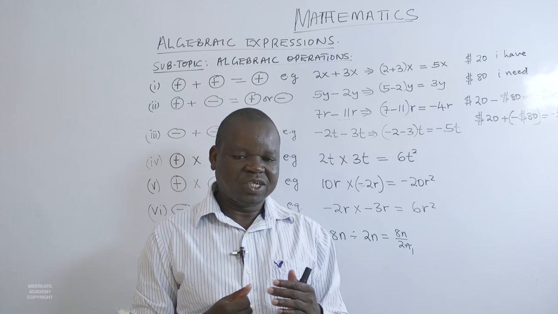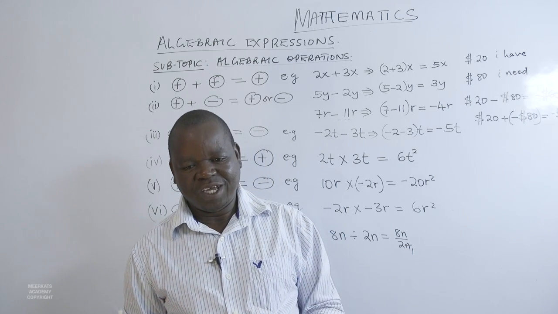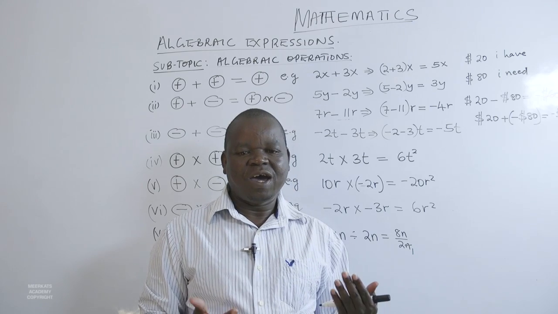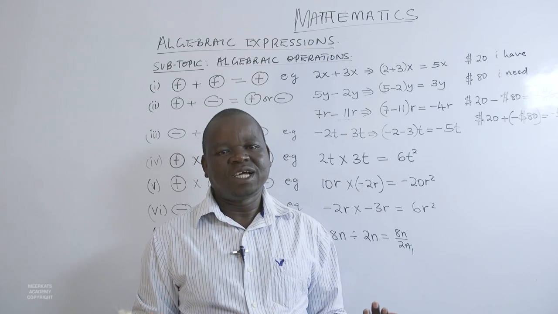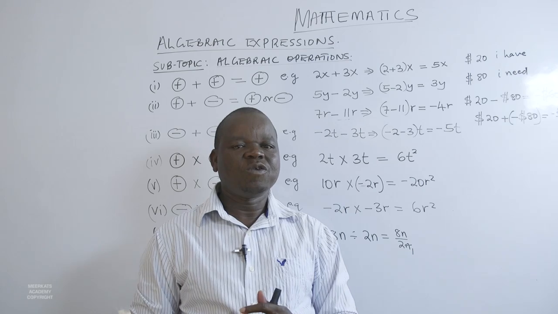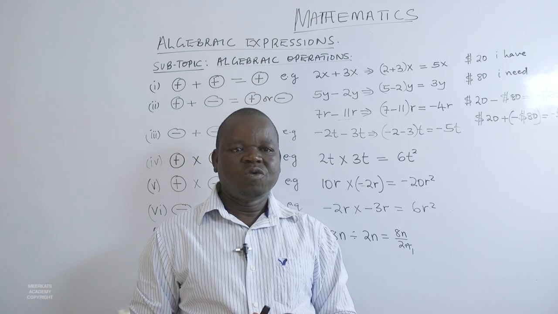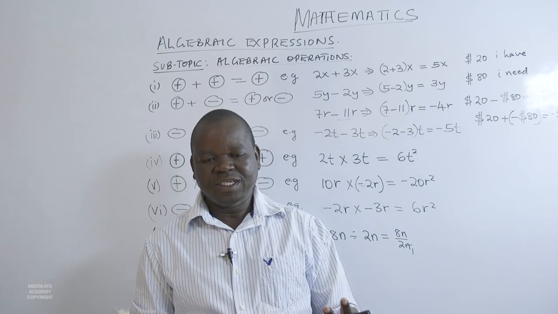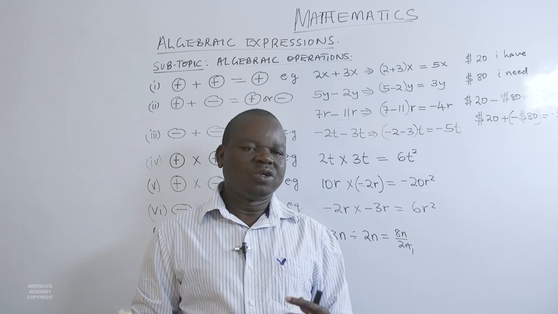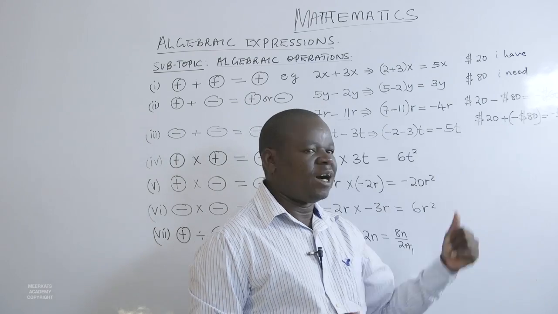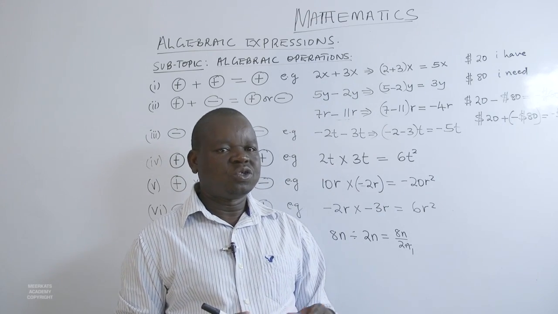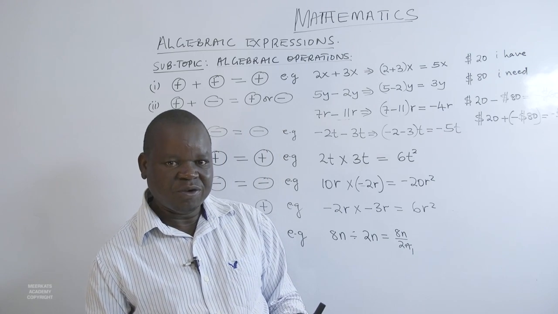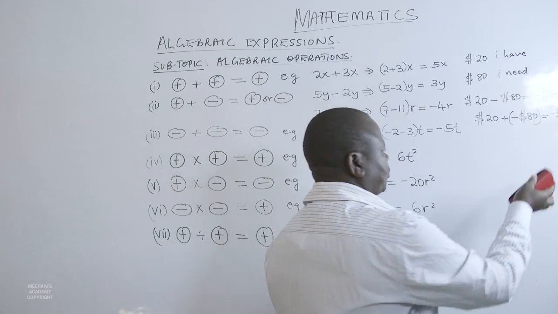Like I need to purchase a shirt. I have $20. The shirt is costing $80. So I will need $60 more. So that need is the one we call negative, because we have to look for it. Either we borrow so that we satisfy our want. So that need is what we call a deficit or a negative number.